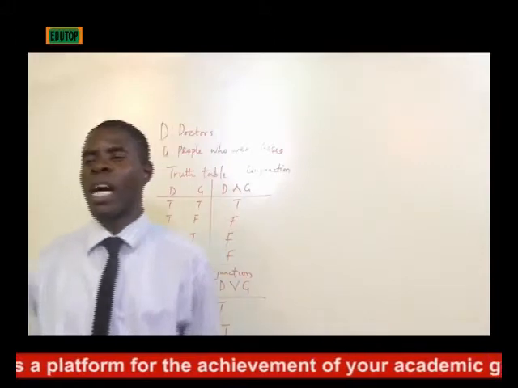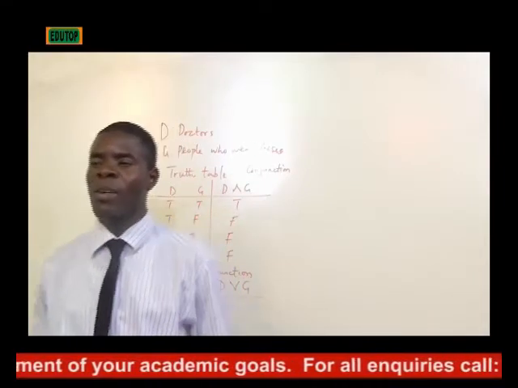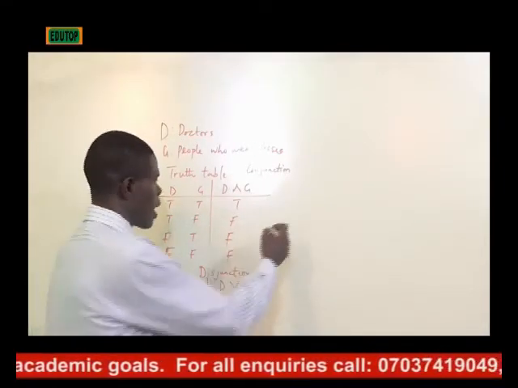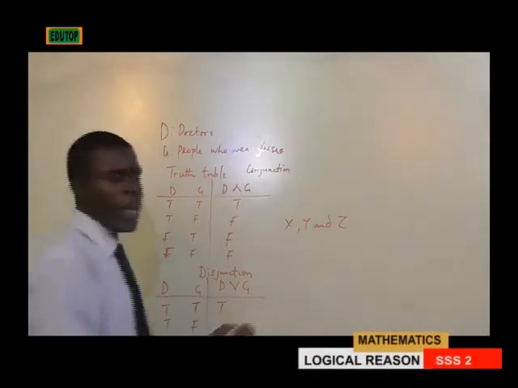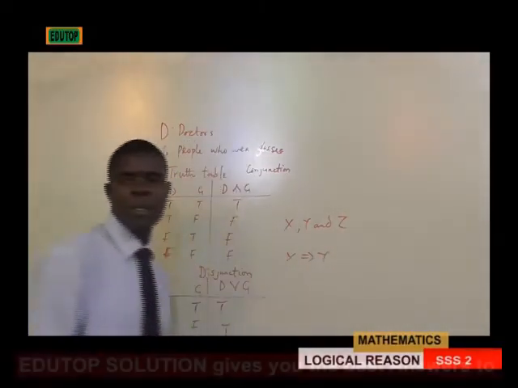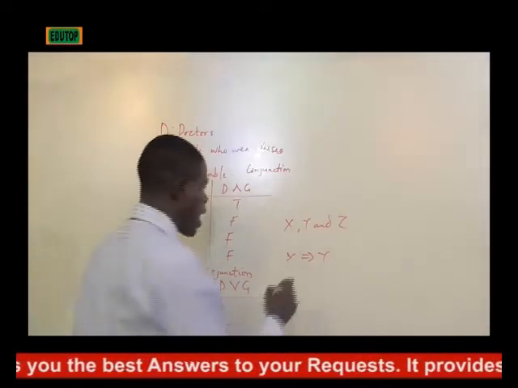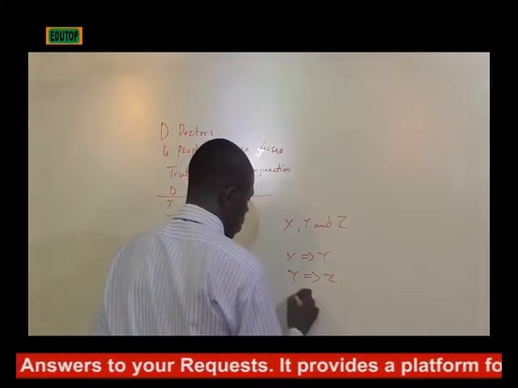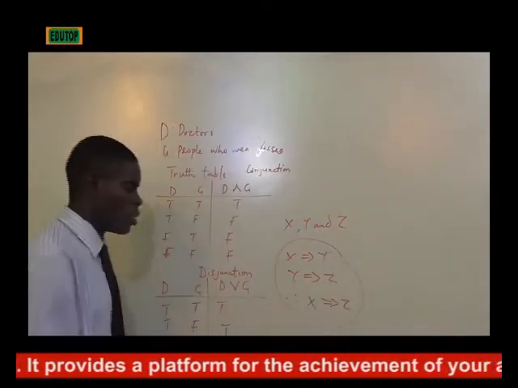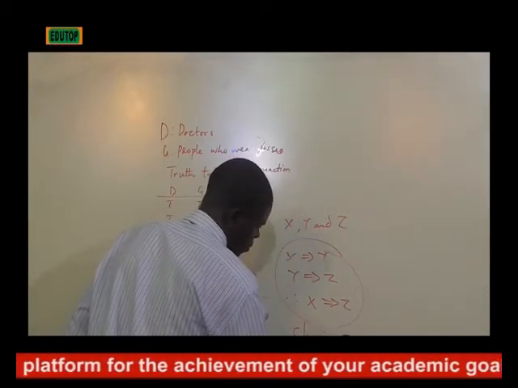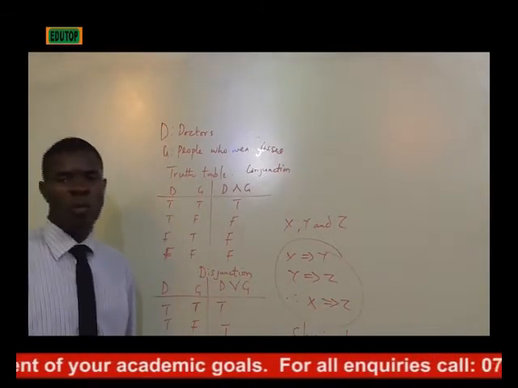The chain rule states that if X, Y, and Z are statements, and X implies Y and Y implies Z, then automatically X implies Z. This is what is known as the chain rule, because X is linking to Z by virtue of Y.